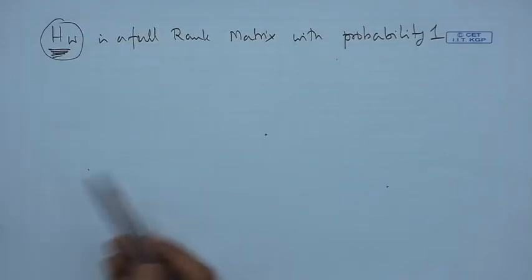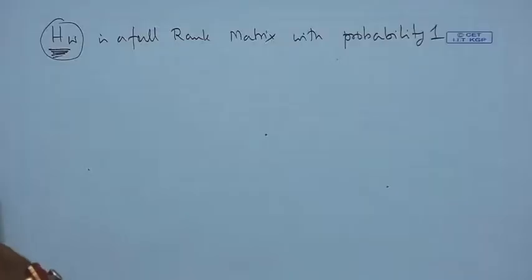It is a random matrix which can have a certain amount of correlation. The moment there is a correlation, the matrix is no longer full rank. So, what we are saying is we are taking the channel elements of H_W in such a way that it is a full rank matrix with probability 1.